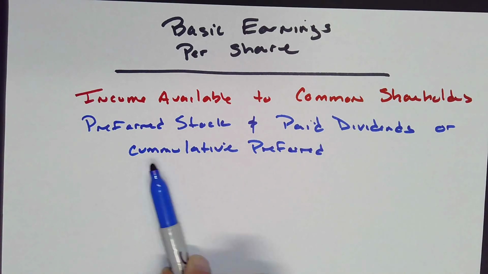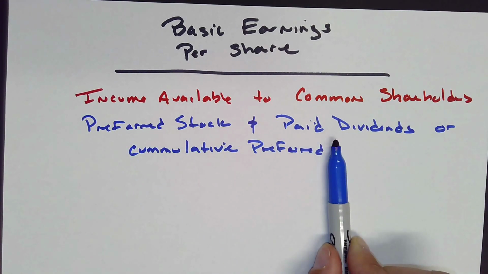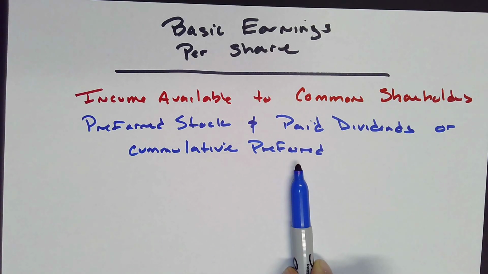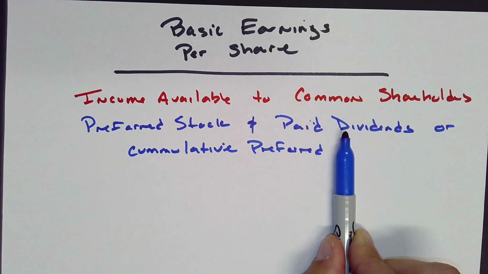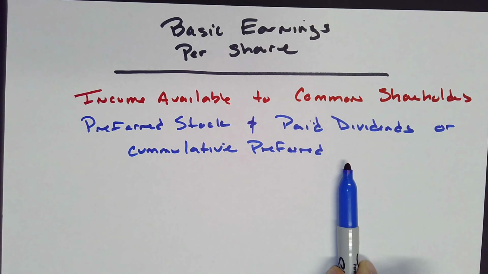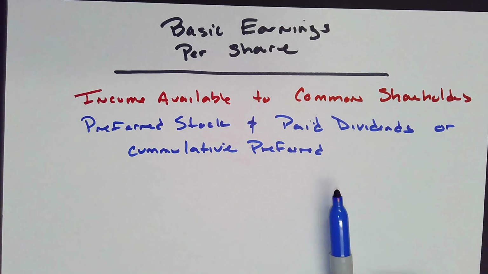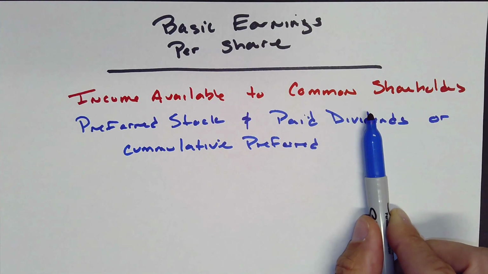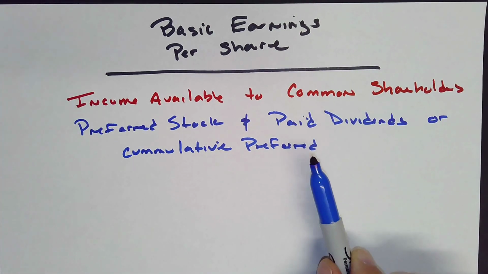So if it's cumulative preferred and I go through one year and I don't pay dividends, I go to the second year and I decide to pay dividends, I've got to pay the first year's first, and then I can pay the current year's if there's any money left over. And then if there's any money left over, any dividends then go to the common shareholders. And this is just a review from your summer course.